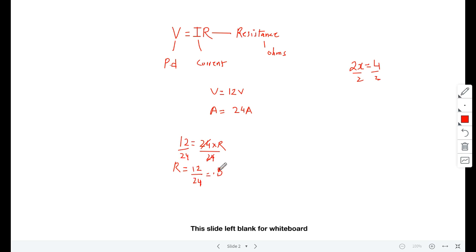Okay, now the next question. You have to calculate the current if the potential difference across a battery is 100 volts and resistance is given as 25 ohms. You have to calculate current.